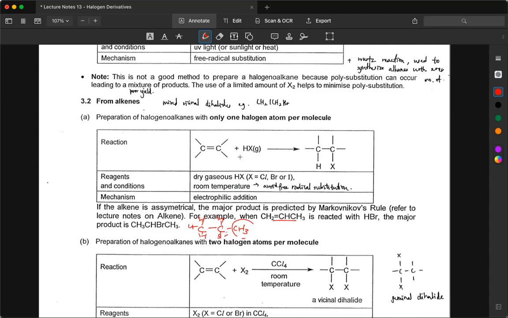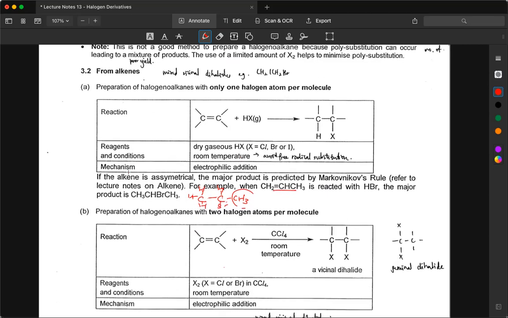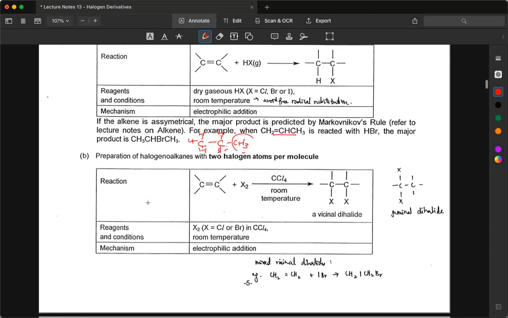The mechanism for the reaction is electrophilic addition. If the alkene is asymmetrical, the major product is predicted by Markovnikov's rule. For example, when propene reacts with HBr, the major product will be as such.